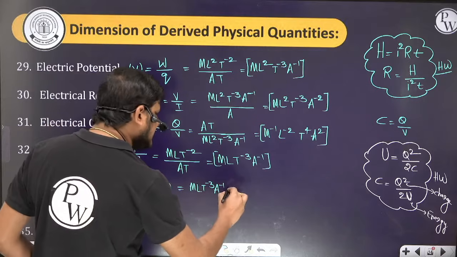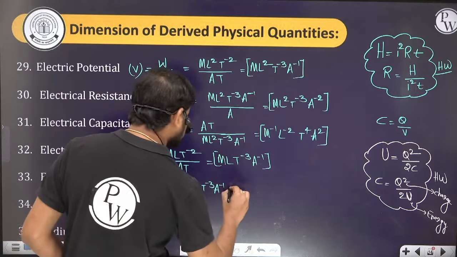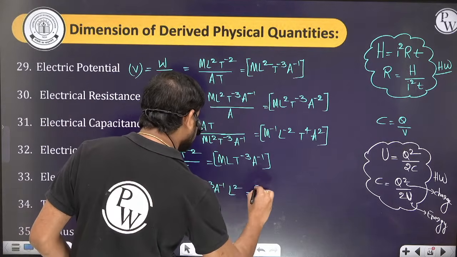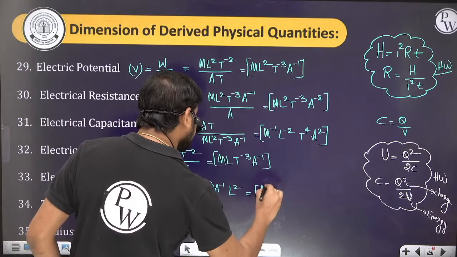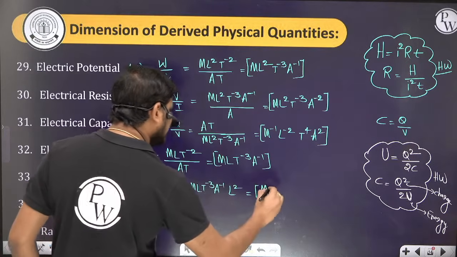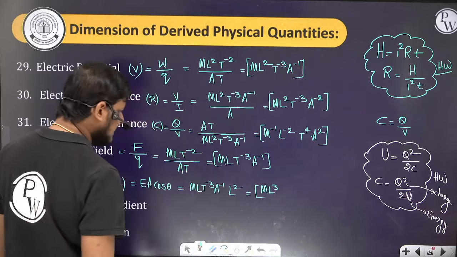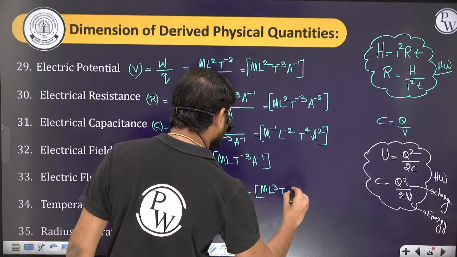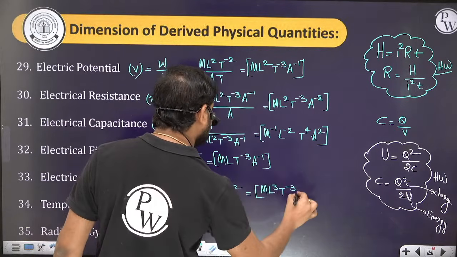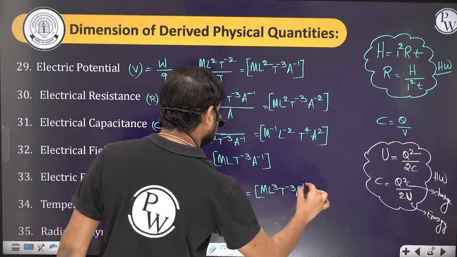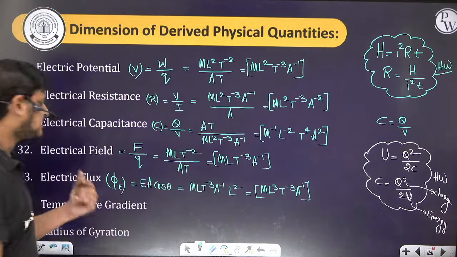And area A is length square, which is nothing but L square. So the dimensional formula will become M L to the power 3, T to the power minus 3, A to the power minus 1. This is the dimensional formula for electric flux.